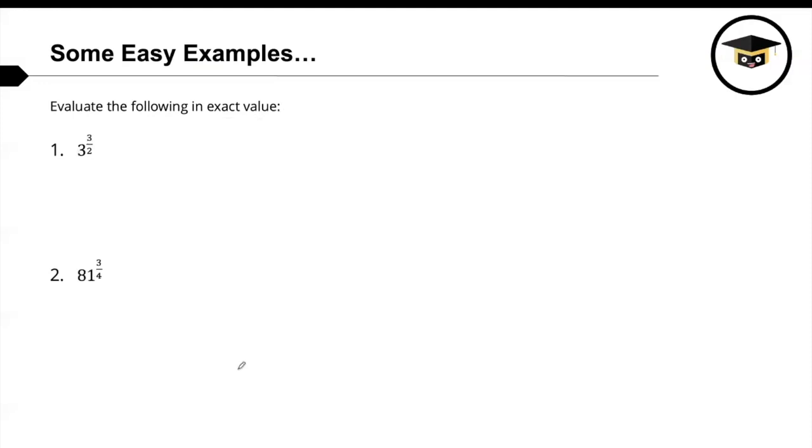Let's move on to some more easy examples. So here we have evaluate the following in exact value. So here we have 3 to the power of 3 on 2. Now, using the law in our previous slide, we can say that this is the same as 3 to the power of a half to the power of 3. Now, we know that 3 to the power of a half is square root, right?